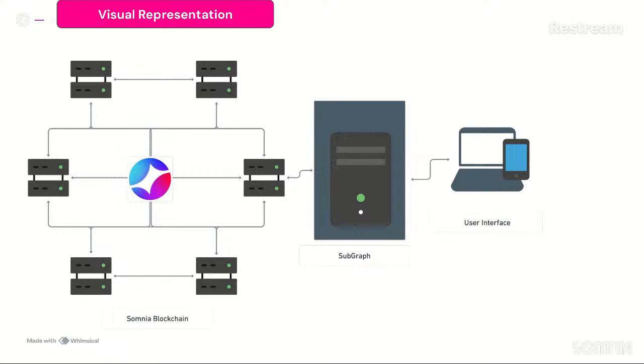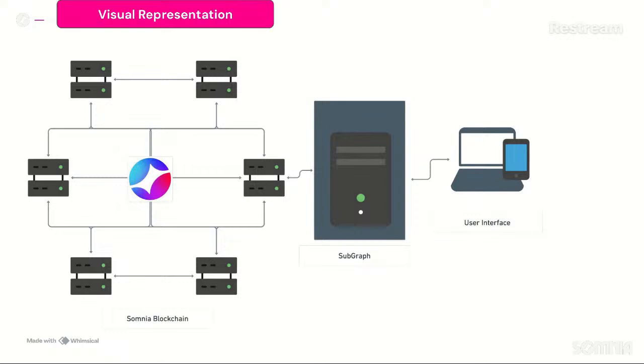So as against having to carry out read operations where you are maybe calling get logs or eth balance, you can simply set up a subgraph service that tracks all on-chain events, caches these events in a DB, and then you can easily query those events and then pass them on to a user interface.